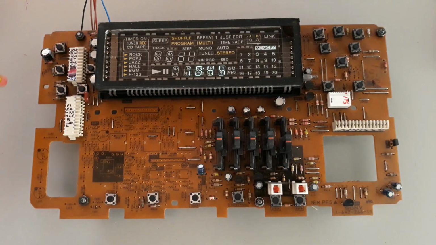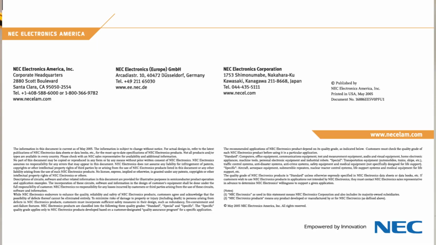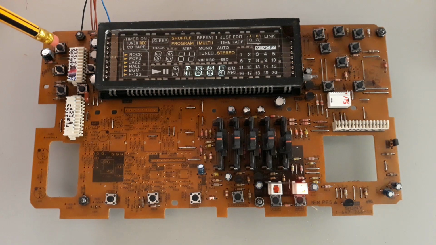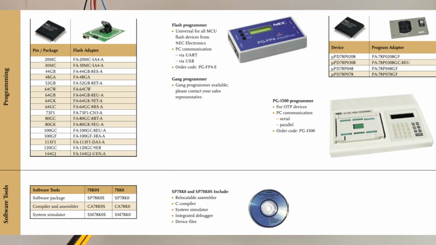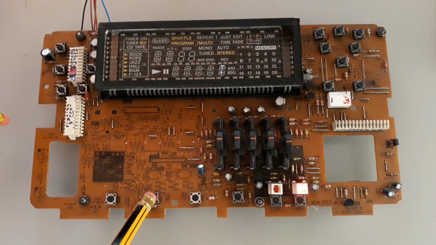To modify them, we would need the appropriate development tools. These are generally similar to the tools shown in the NEC documentation. Typically, this includes a universal programmer, an OTP programmer, and the appropriate socket adapters.